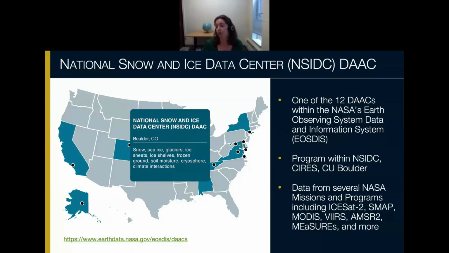We're also the largest program within the NSIDC as part of the University of Colorado's Cooperative Institute for Research in Environmental Sciences, or CIRES. Now that we've covered all of those acronyms, I'll also mention that we have over 800 data products and over 2 petabytes of data, and our archive continues to grow.